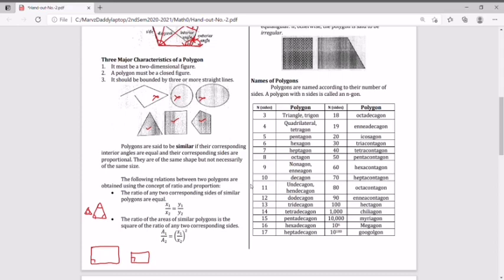So, when we have similar polygons, let us try to see if these following relations are true to any set of similar polygons. The ratio of any two corresponding sides of similar polygons are equal. So say for example, this is our first polygon.